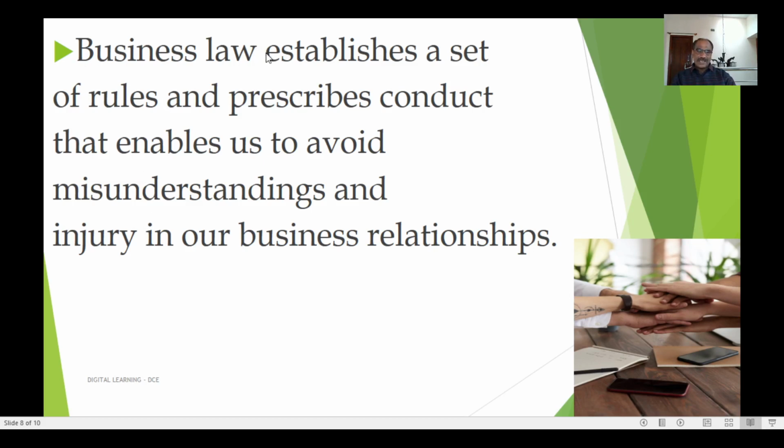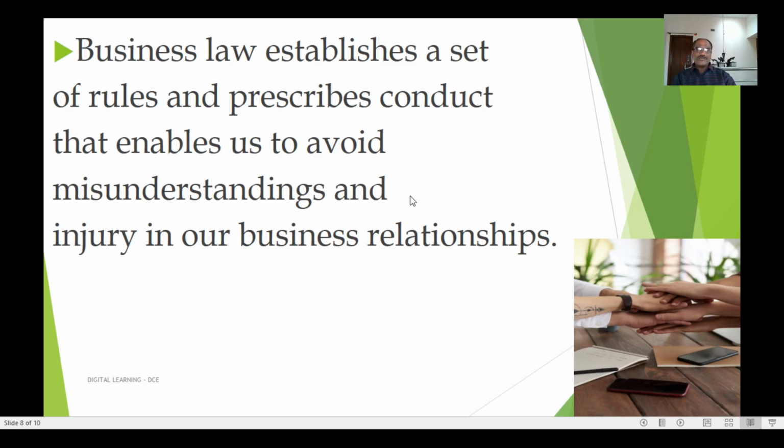Therefore it establishes a set of rules, and you have to follow those rules for conducting business, and those rules enable us to avoid misunderstandings with customers or other business people, and injury in our business relationships.